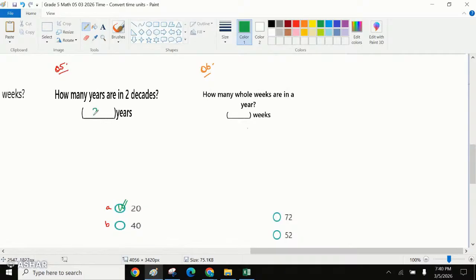A decade means 10. How many weeks in a year? Perfect. We did this, right? So we are just doing these questions so that we do not forget and we remember these values.